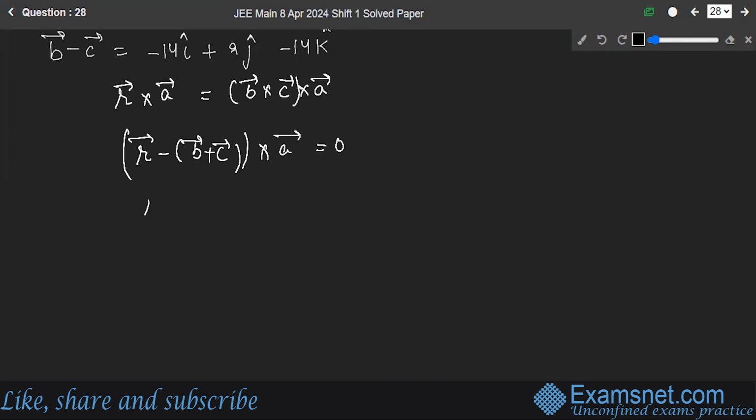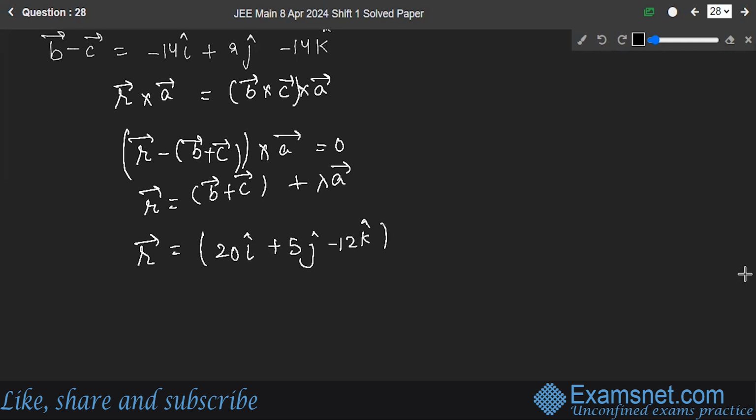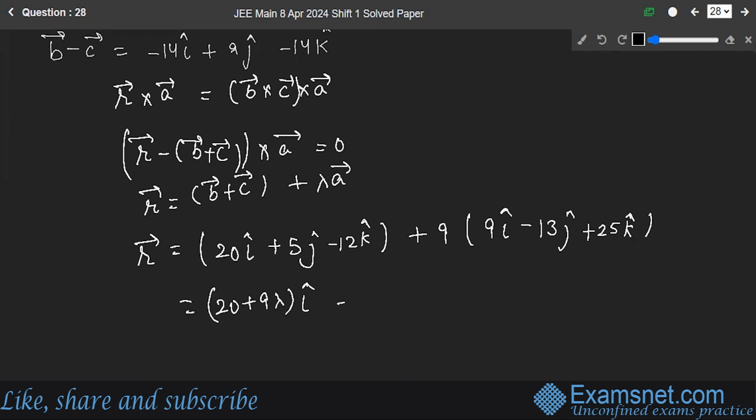So you will have R vector equal to B plus C plus lambda A. B plus C we calculated, that was 20I plus 5J minus 12K, plus lambda times A, which is this. So this gives me (20 plus 9 lambda)I, (5 minus 13 lambda)J, (25 lambda minus 12)K.